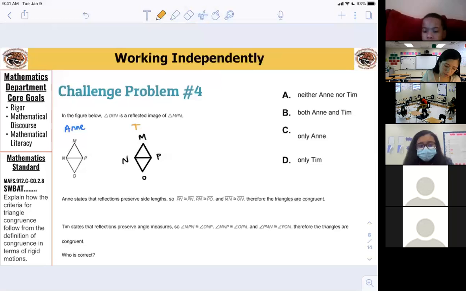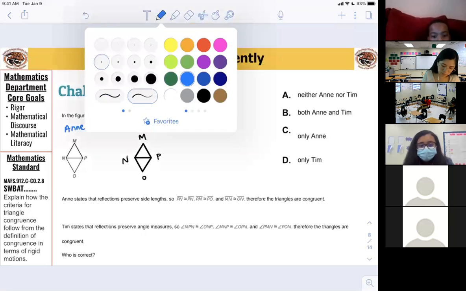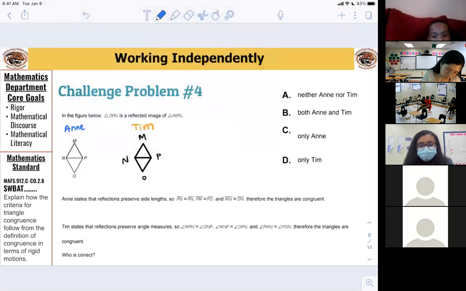So what is Anne saying? PN is congruent to PN, which is reflexive, PM is congruent to PO, and MN is congruent to ON. So she's basically showing us that all of the side lengths are going to be congruent to each other.